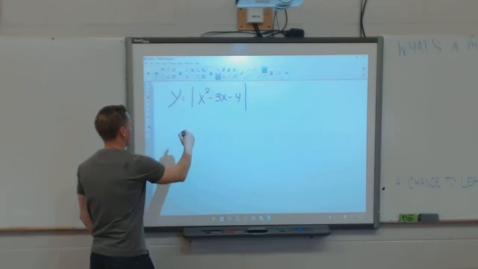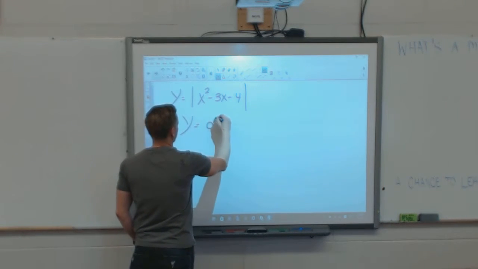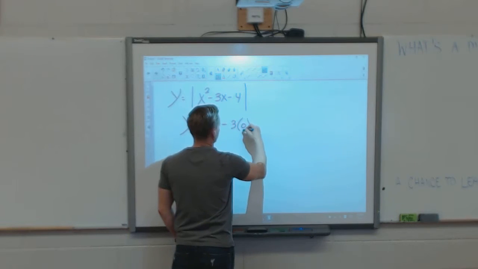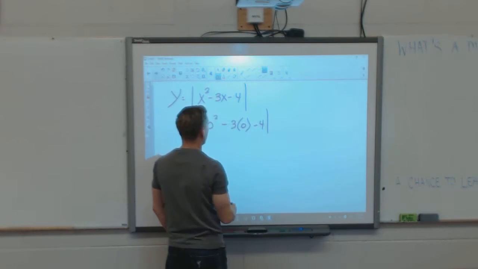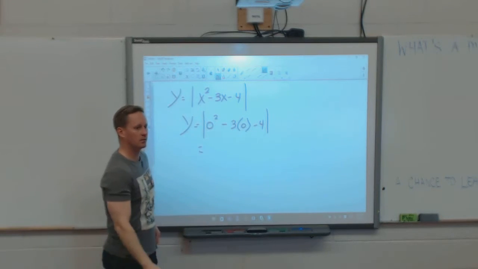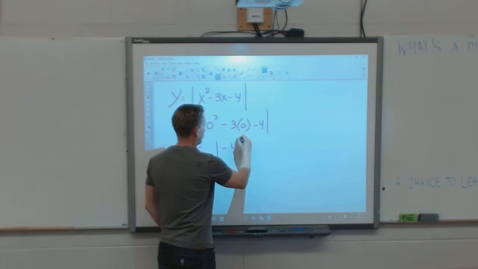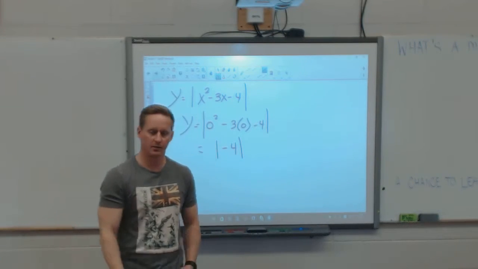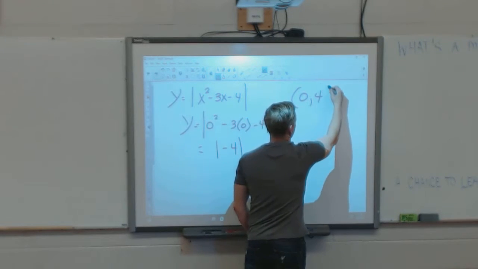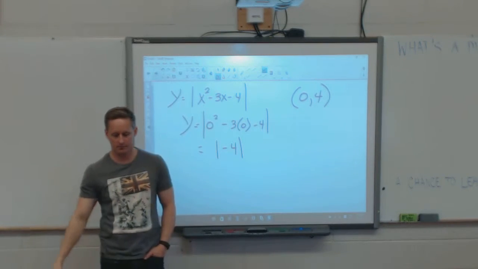So what's the absolute value of minus 4? Plus 4. So the y-intercept is going to occur at 0 and 4. Okay?